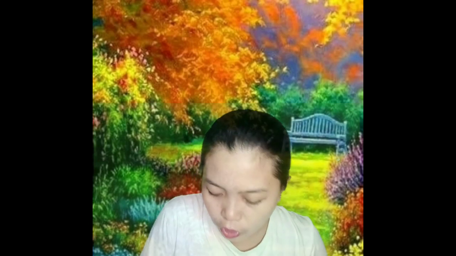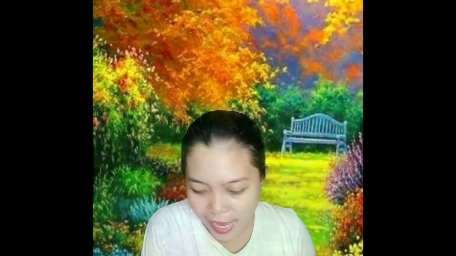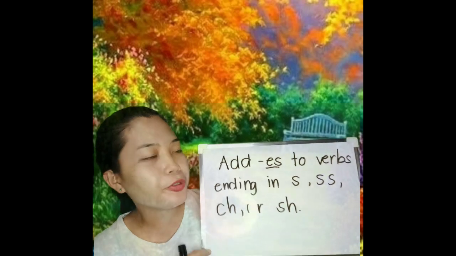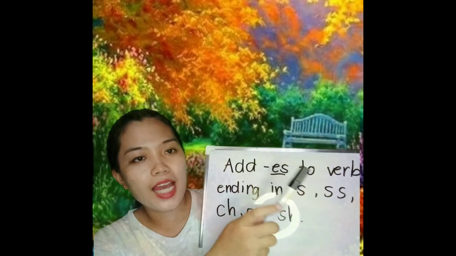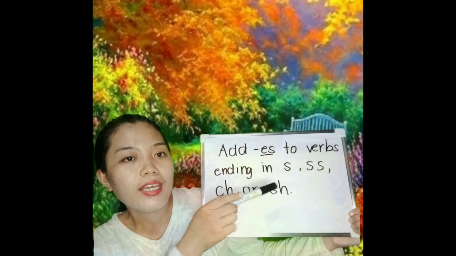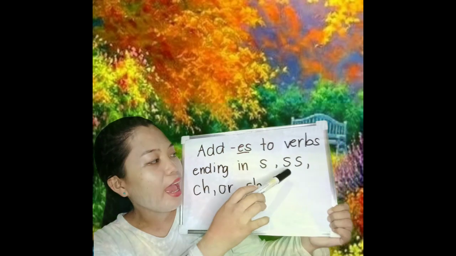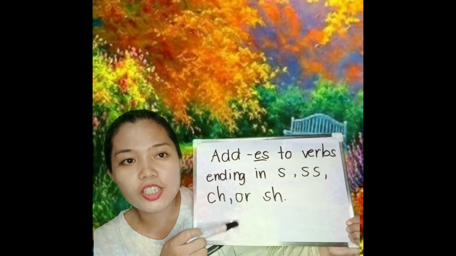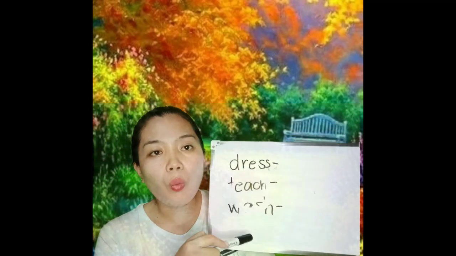Okay, so let's have the second rule. We will add es to the verbs ending with s. Okay, here I will write the second rule. The second rule, we will add es to verbs ending in s, ss, ch, or sh. So let's have here dress, teach, wash.